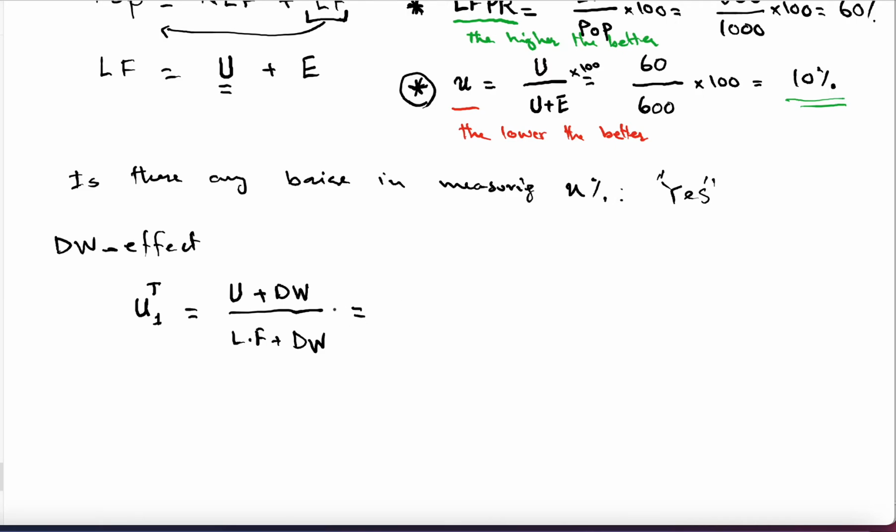So let's put it back. This was 60 plus 40 discouraged workers, and this was 600, and here becomes 640. If you do the calculation, it shows that it's approximately 15%.